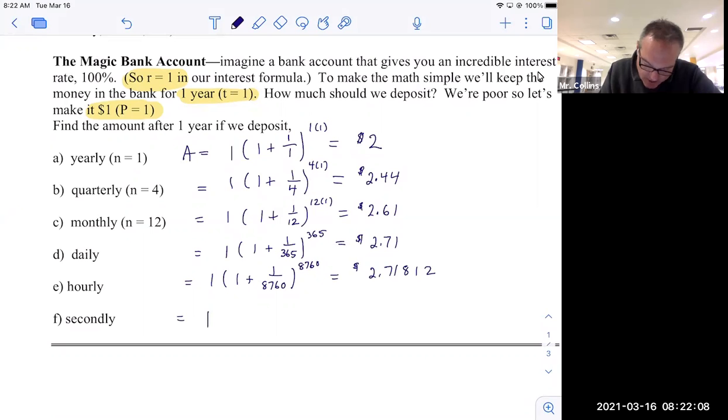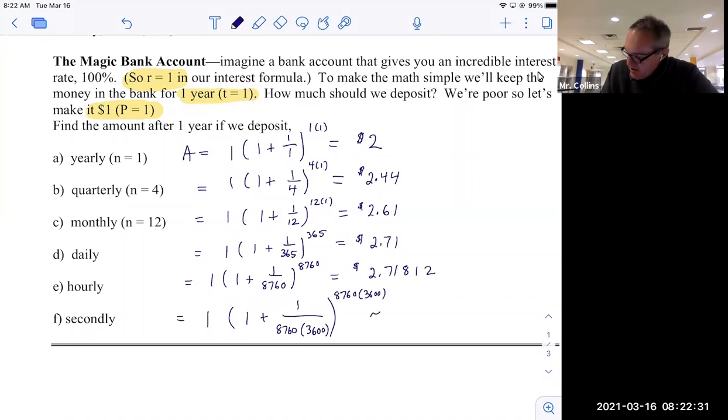Just for the topper here, we'll go every second of the whole year, which I don't even know what that number is, but it's 8760 times 3,600, because there's 3,600 seconds in an hour. And of course, that would have to also come up here, 8760 times 3,600.